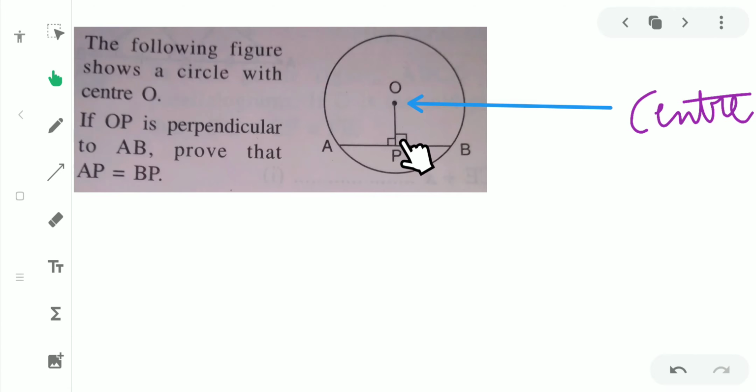So I have a circle over here. Now here I am having the center O, and from that I have a line here and I have a chord.